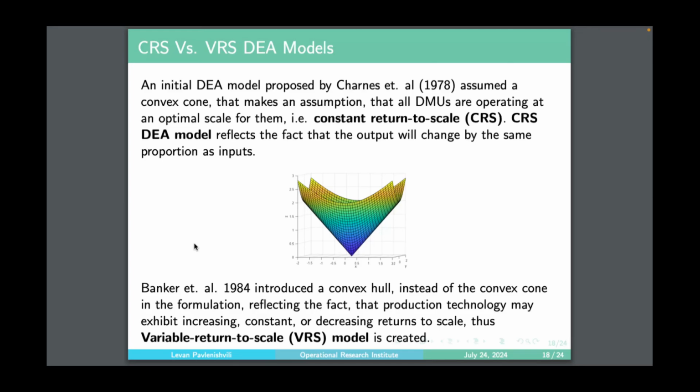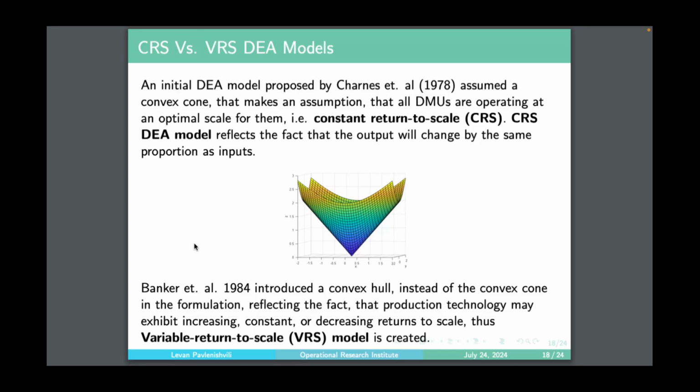Now, about 10 or 6 years after the CRS model was developed, in 1984, the variable returns to scale model was created. What it said is, okay, what if I add additional constraints to make sure that my return to scale is variable?